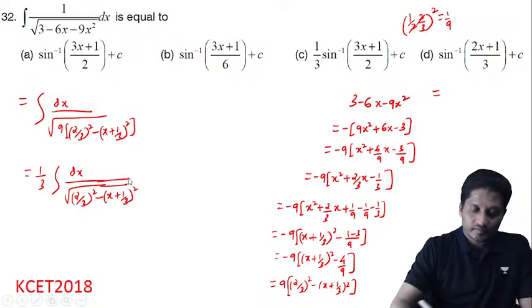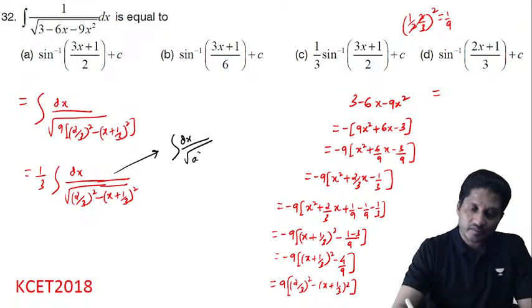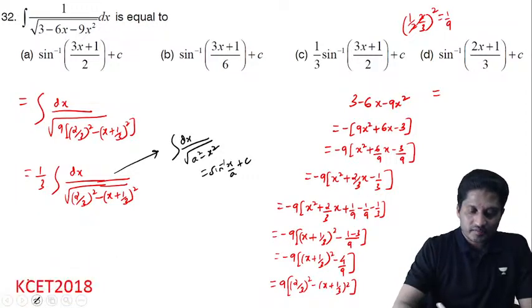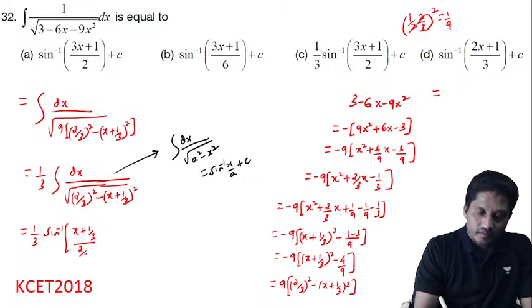This is of the form dx divided by root of a square minus x square. The formula is equal to sine inverse of x by a plus c. It can be written as 1 upon 3 sine inverse of x plus 1 by 3 divided by 2 by 3 plus c.